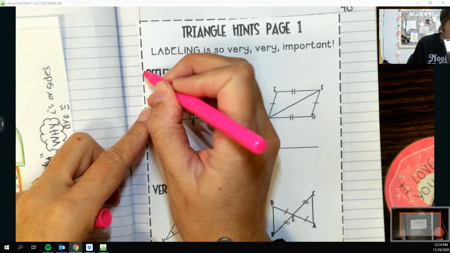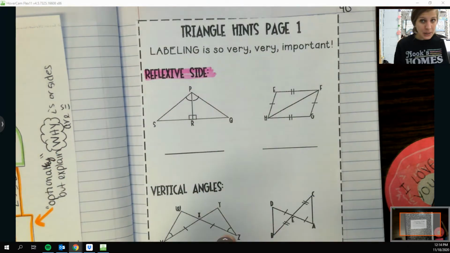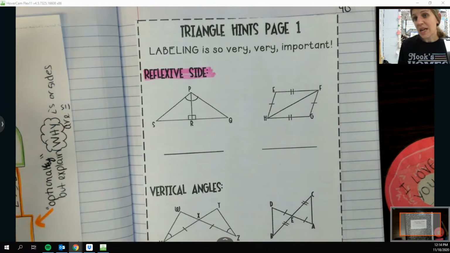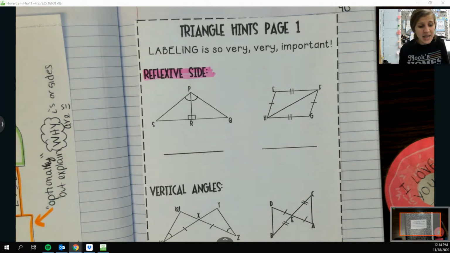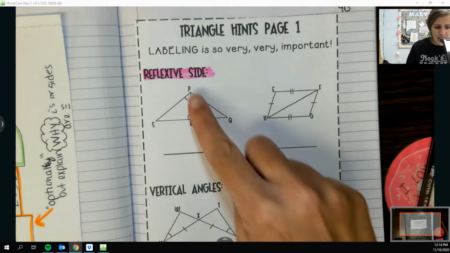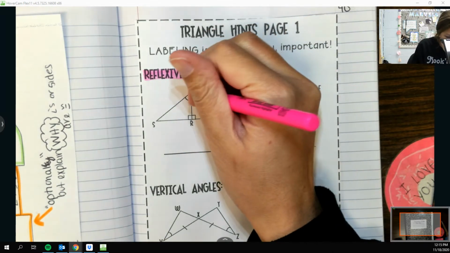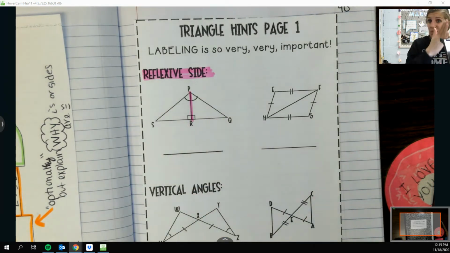So the first thing that we have, we actually talked about the reflexive property before, and I kind of said, it's so weird, the reflexive property says that this angle is equal to itself, or this side is equal to itself, which didn't really make much sense at the time, but now I think it does make sense, because in this picture here, I can see that I have some angles equal, but this side right here that is shared between the two triangles is really on both triangles, and it's the same because they're sharing it.